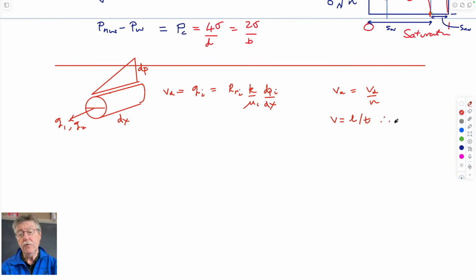And so therefore, length traveled is equal to velocity times time. And if we want to multiply this by area to get a volumetric flux of water, these can be for multiple fluids, we know that.